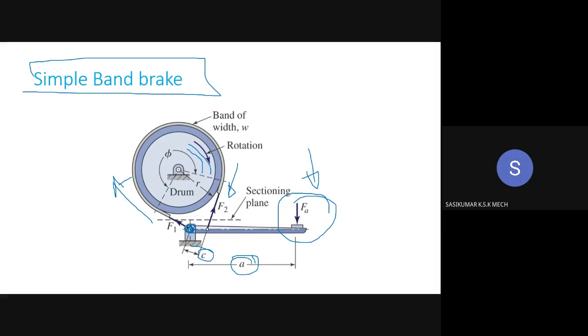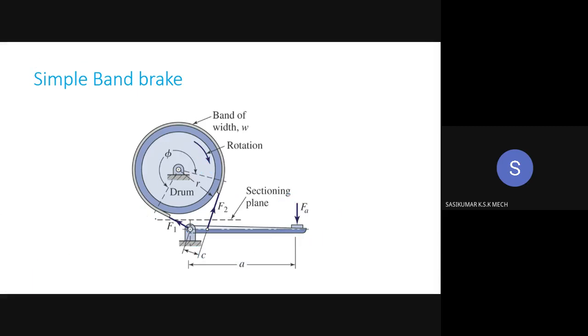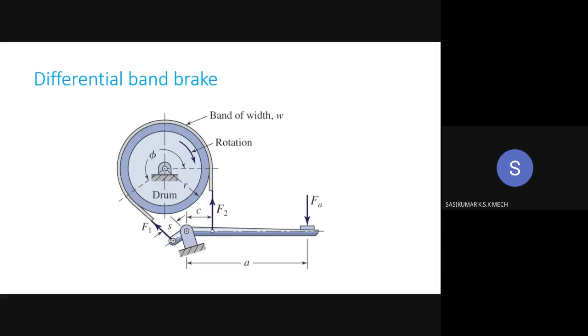Here one end of the band is attached to the fulcrum. You have another variety called a differential band brake. There, one end of the band is not attached at the fulcrum, so it is away from the fulcrum with a distance of s. So c, s, and a are the distances.